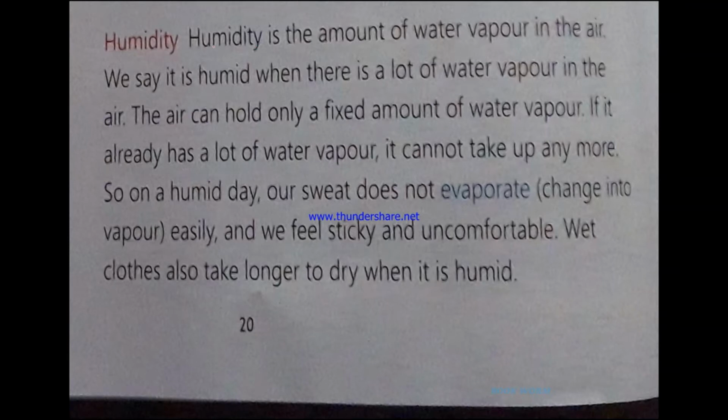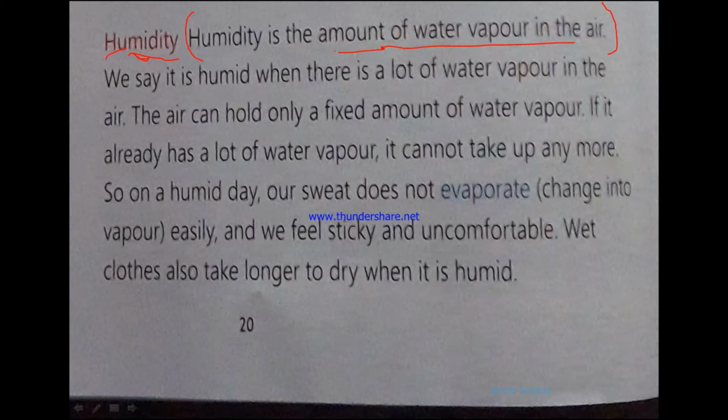First and foremost, what is humidity? Humidity is the amount of water vapor in the air. If you are asked a question, what is humidity, you will have to say humidity is the amount of water vapor in the air. In all the previous 3 parts, we have seen that water vapor rises up and mixes with the air around us, right?